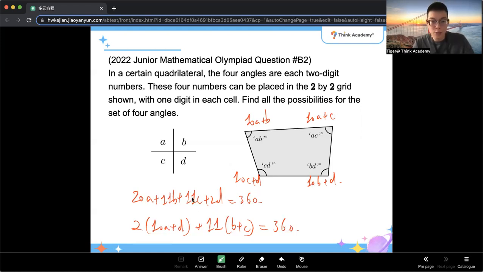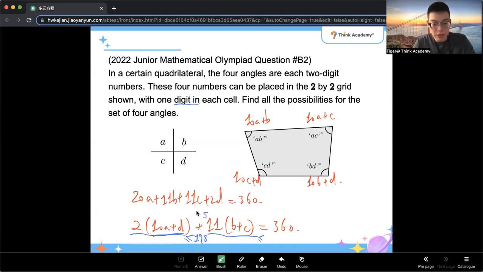Okay. So in this one, we can see that A and B and C and D, they are all digits, right? So it means that the maximum that 10A adding D can get is going to be 99, which means that the maximum of 2 times 10A adding D is going to be less than or equal to 198, right? Which means that for 11 times B adding C, that's going to be having a range of, well, B adding C has to be 2 at least.